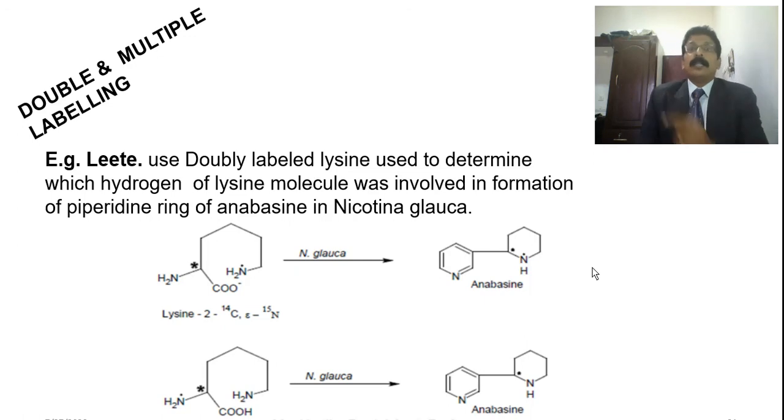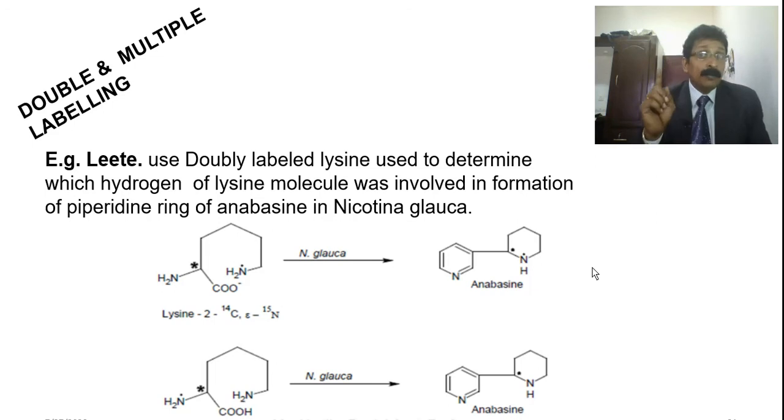So Nicotiana glauca is the plant that contains the anabasine structure. In this chemical reaction which I have shown, there is a pyridine ring as well as a piperidine ring.